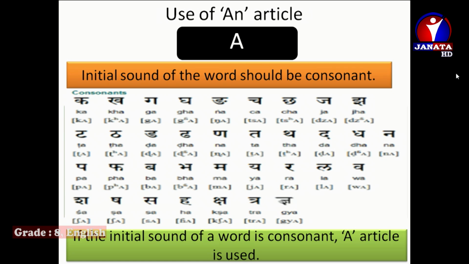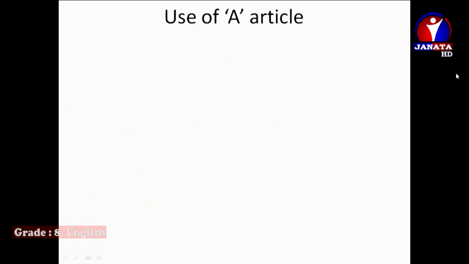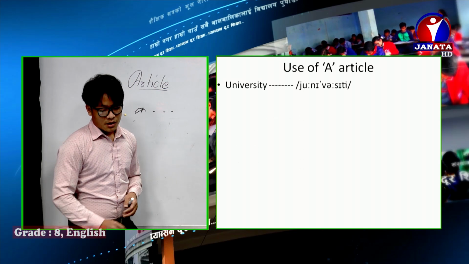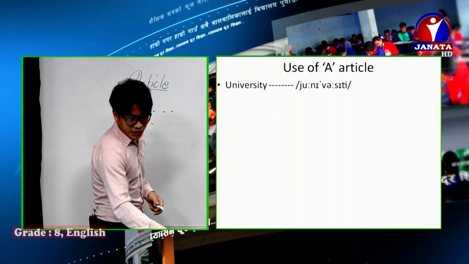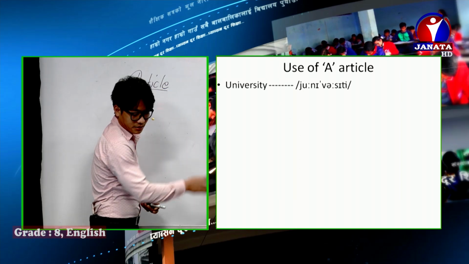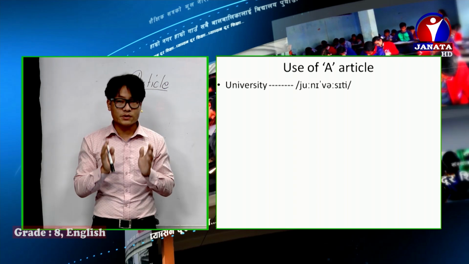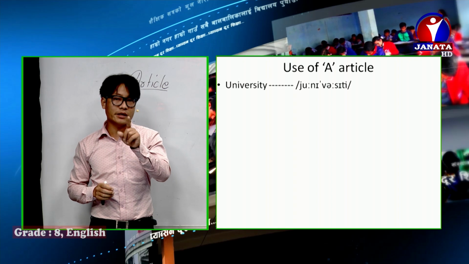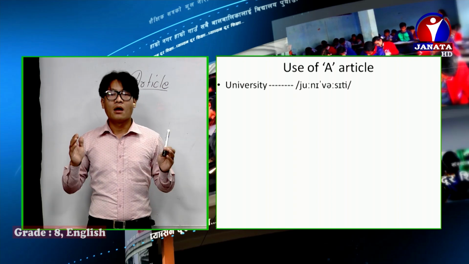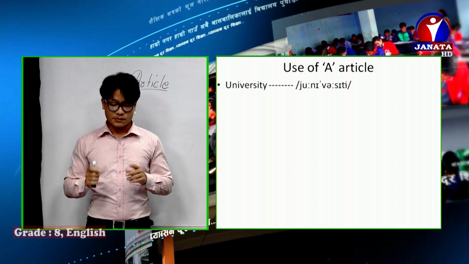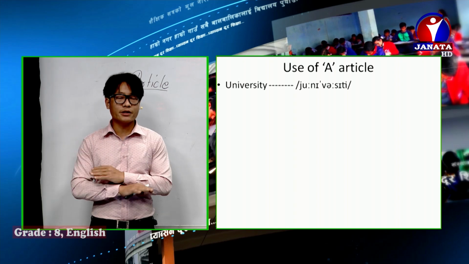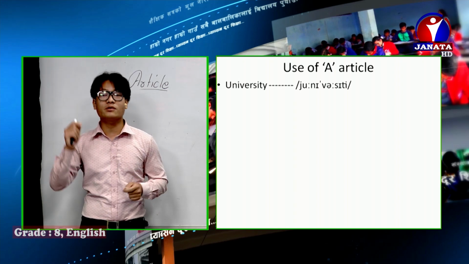So let's have a practice. First word you can say, university. So you may get confused here that the first letter is U and U is a vowel letter. But we are not going to use according to the letter, we are going to use according to sound.